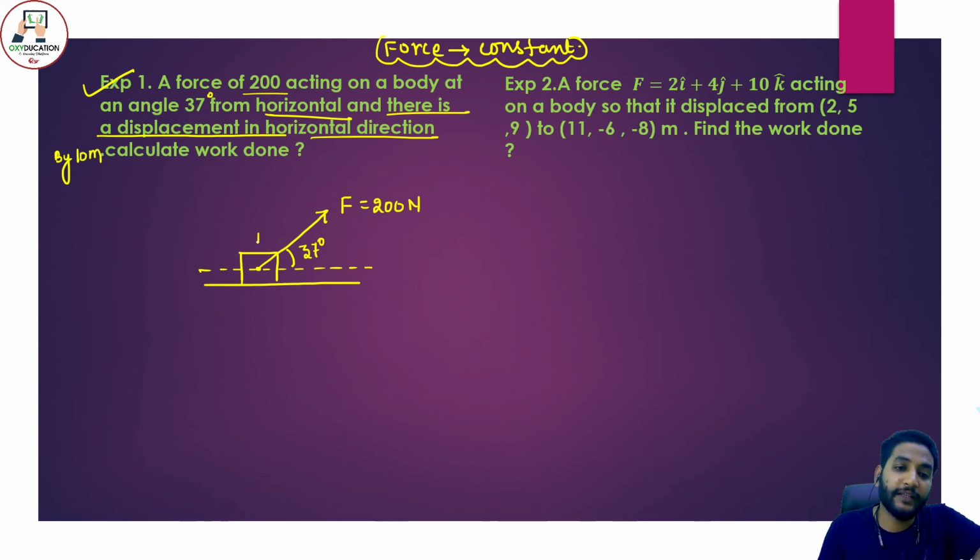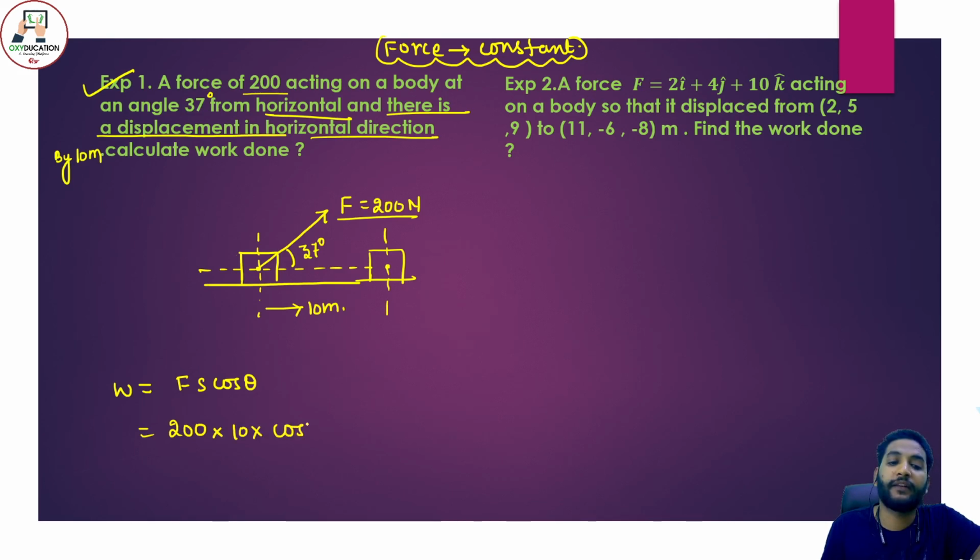So this body is displacing from this position to some new position, and this displacement is 10 meter. Okay, so here the force is given, displacement is given, और आपके पास एंगल भी गिवन है. सिंपल, work done is equal to F S cos theta. F has a value 200, S की वैल्यू 10, cos 37. जब भी आपके पास 37 या 53 डिग्री आए, आपको ये ट्रायंगल याद रखना है.